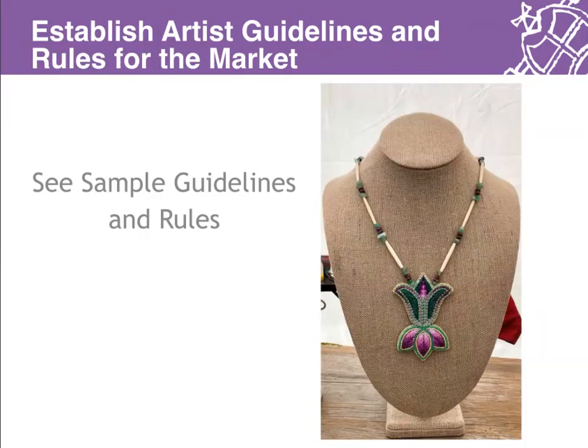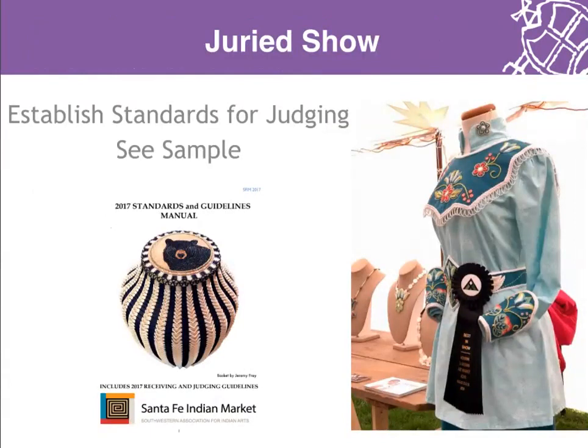Videotaping is another one. People coming and making movies at our events. So we've got a list there, and I'll share that on the reference guide. So developing rules for your own market is really important. You're also going to want to establish standards for judging if you are going to have a juried show.